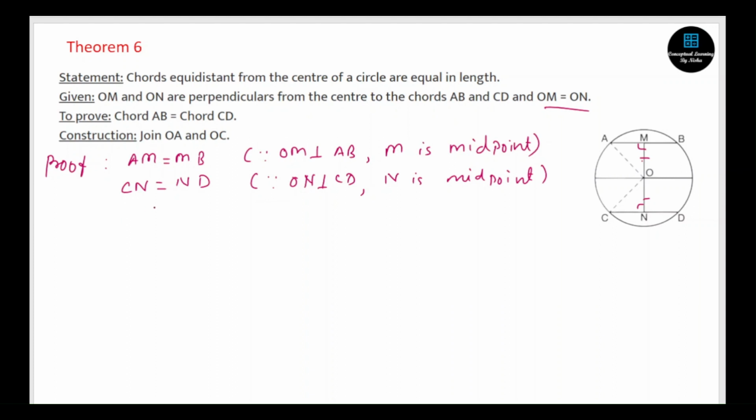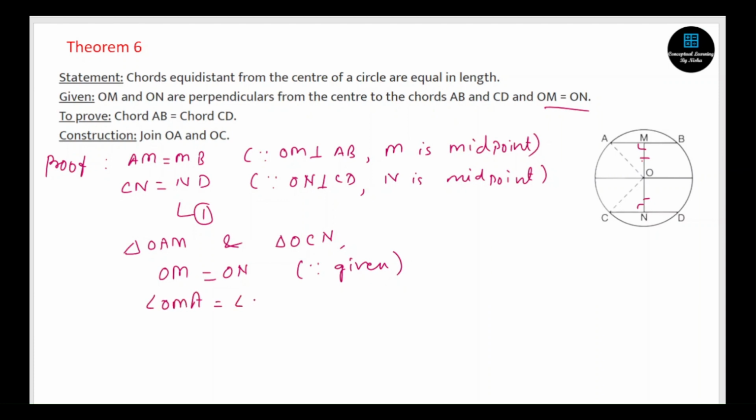Now I'll keep this as result 1. Now I'll take again two triangles, triangle OAM and triangle OCN. Now what can I say? OM equals ON. This is given to us, correct? Then triangle OMA and triangle ONC have angle 90 degrees, right angles.